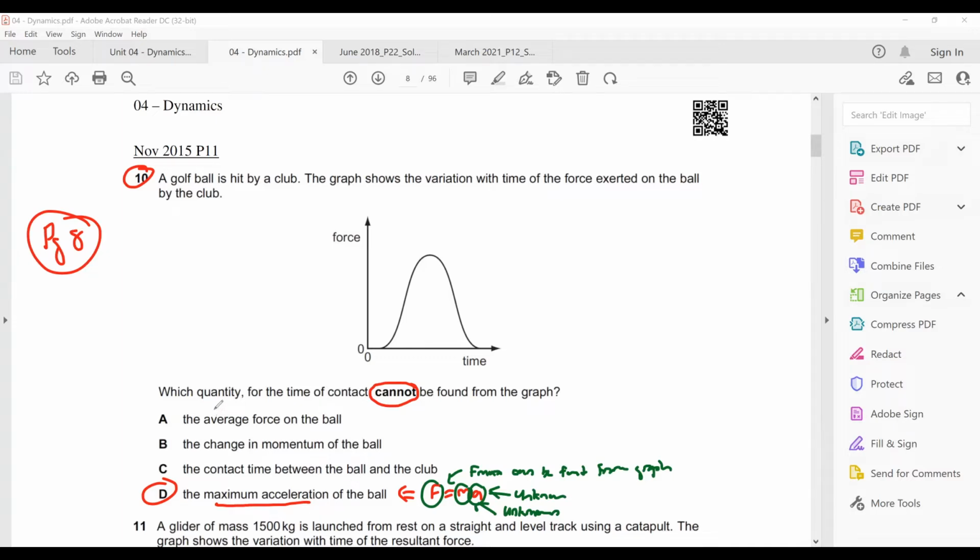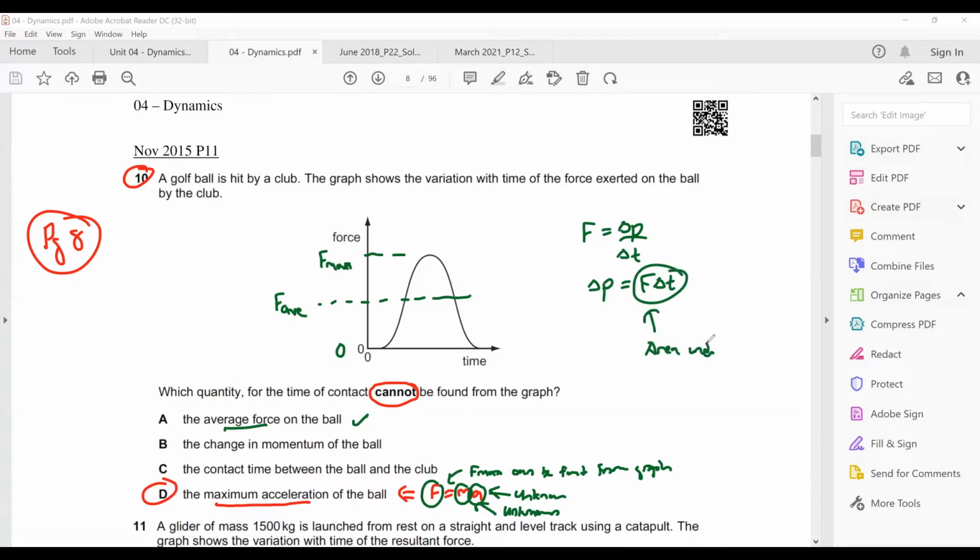Now, if I want to find out the average force on the ball, I can find it out. This one is 0, this one is F max, and my F average is somewhere around here. This one I can find. The change in momentum of the ball: recall that I mentioned to you, force is rate of change of momentum, so force times the time is the area under the force-time graph.